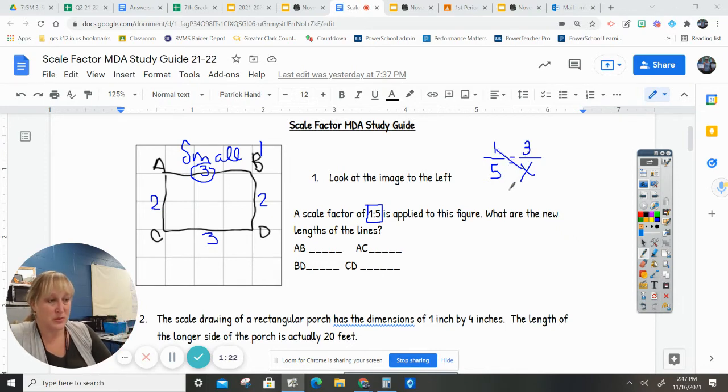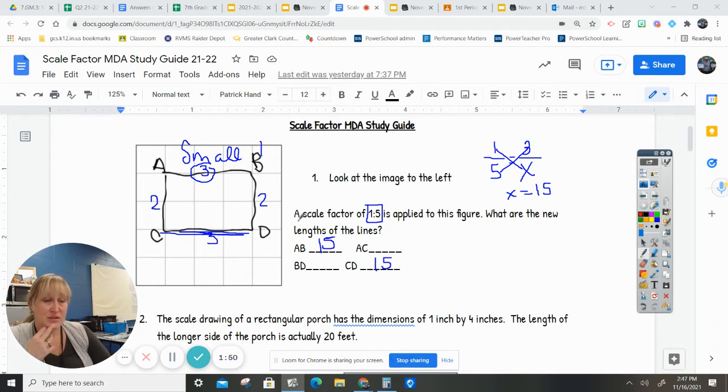So I'm going to cross multiply. 1 times x is x. 3 times 5 is 15. So when this is enlarged, line AB is 15. I can also see that CD is also 3, saving a little time, and come down here and make sure that I put CD as 15 as well.